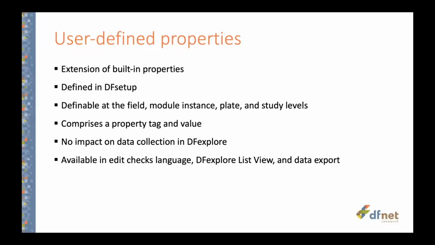Each user-defined property has a tag and a value, which I'll talk a little bit more about in a second. And user-defined properties don't really impact anything in terms of data collection in DFexplore, so they're not really something that you add in for your end users in any specific way. It's really something internal from the setup, the database build process, the database export process. That's really where you're making the most use out of them.